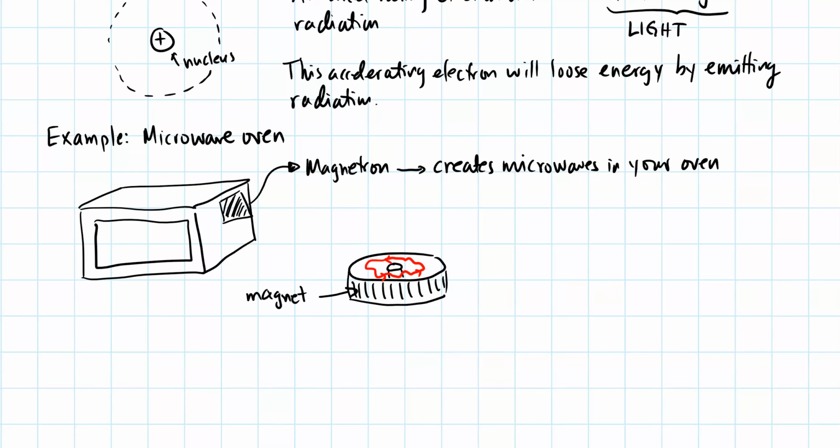So right in here you have electrons going around in circles, which means they are accelerating.